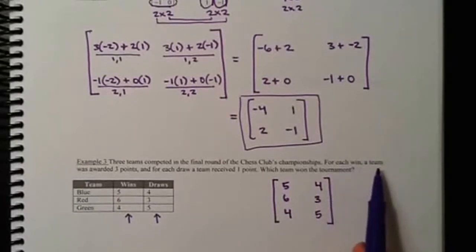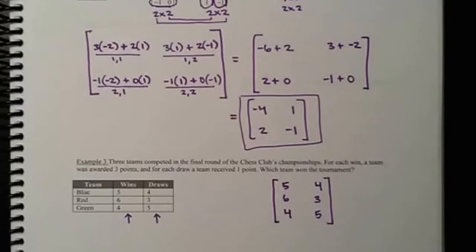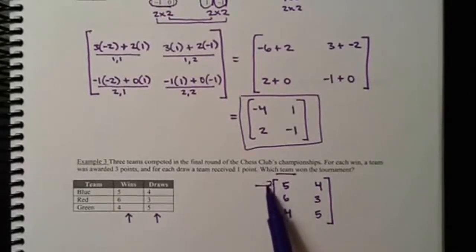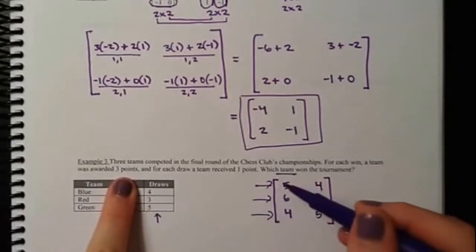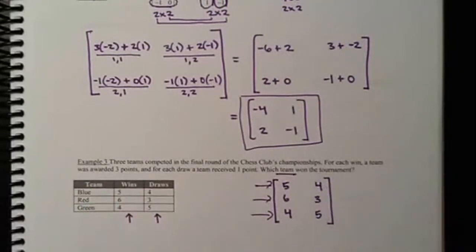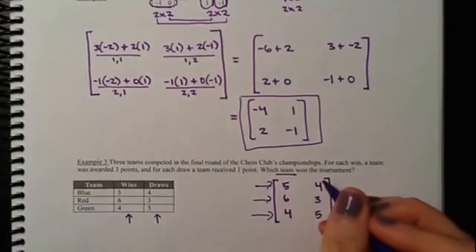It says for each win, a team was awarded 3 points, and for each draw, a team received 1 point. Now that I'm looking at it, since we're trying to see which team won the tournament, we should actually keep it organized in rows because we want the blue team, the red team, the green team. So we're going to multiply by a matrix that will multiply each of these by 3 and each of these by 1.